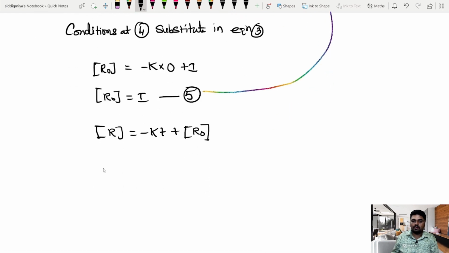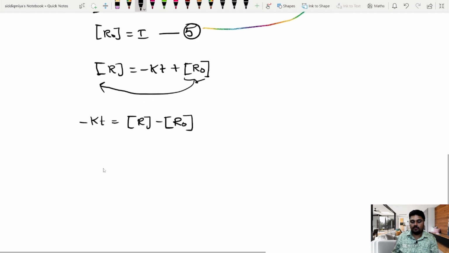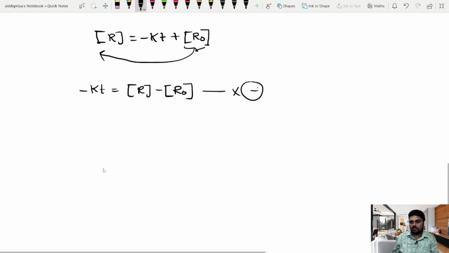Now what we can write here? This R naught you can take to this side, then minus kt is equal to R minus R naught. For this whole equation you multiply with minus. Then kt is equal to minus R, minus into minus becomes plus R naught.